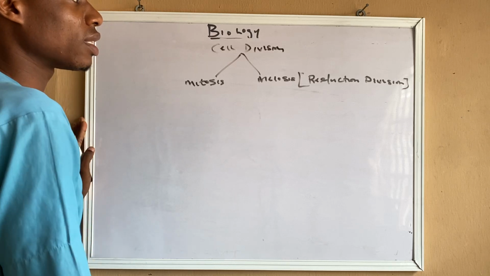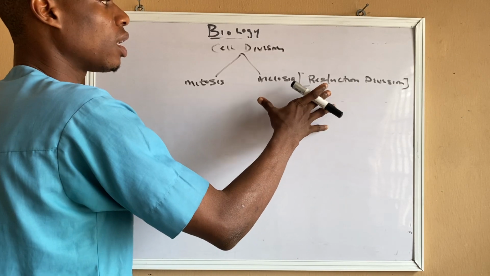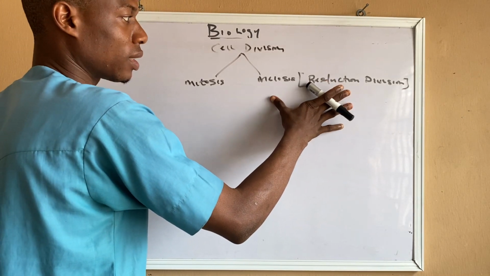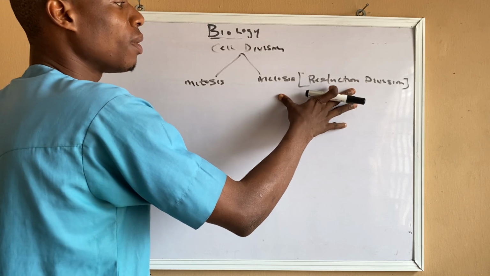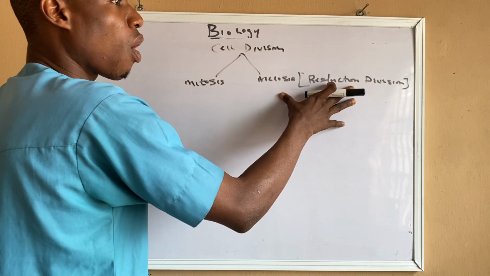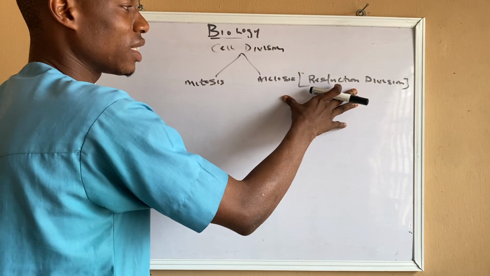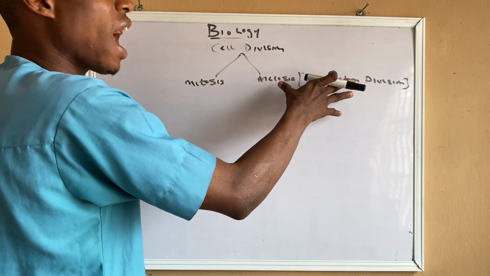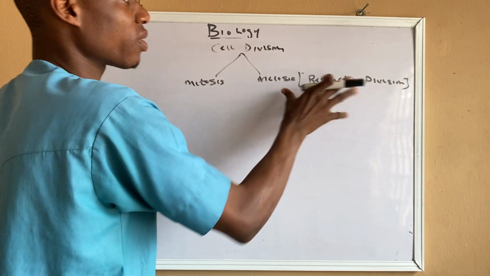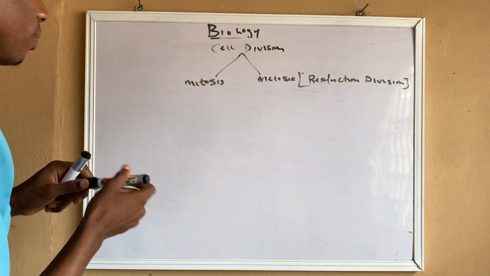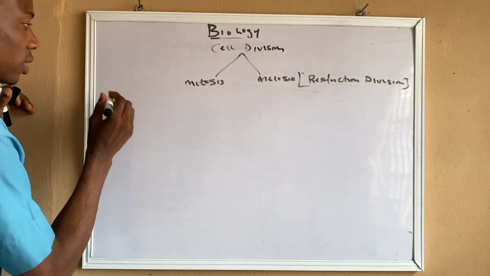But what is meiosis? Meiosis is the process by which reproductive cells, which are gametes, are produced, having half the chromosomes of the parent cells. Let me write 2 or 3 points.